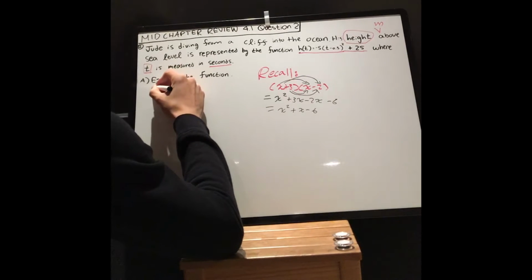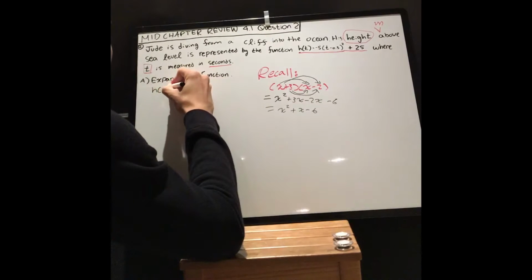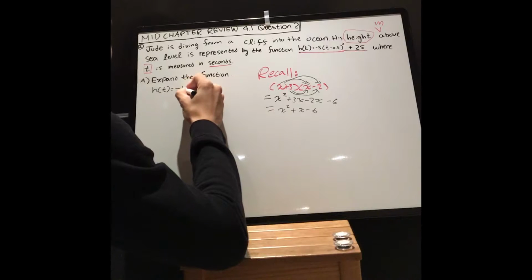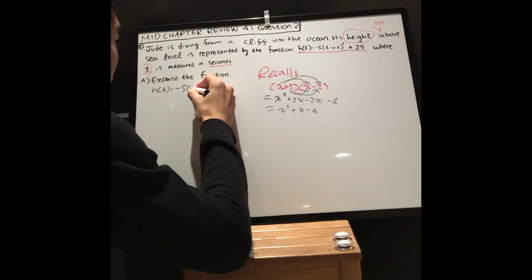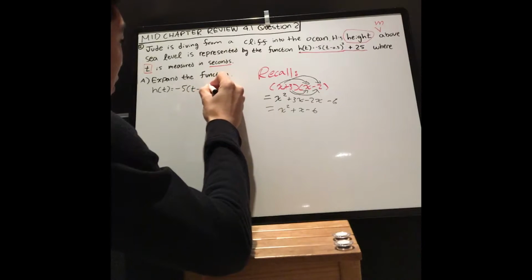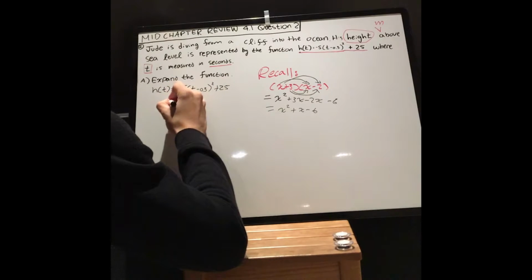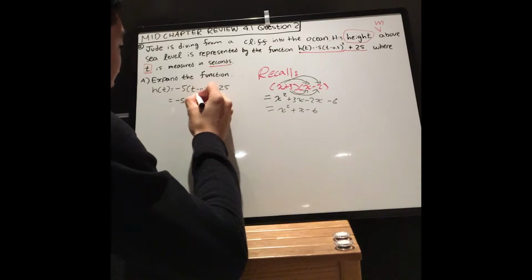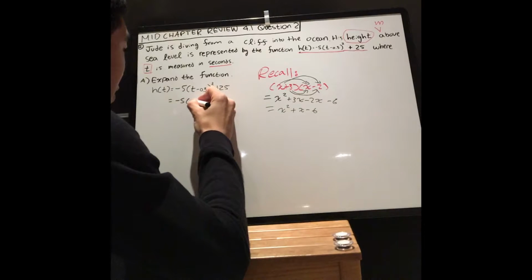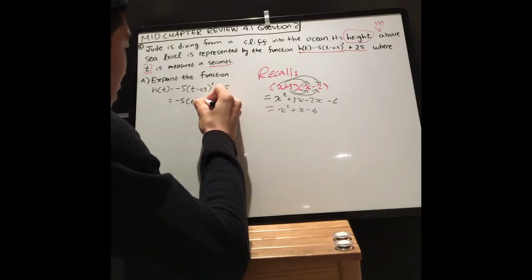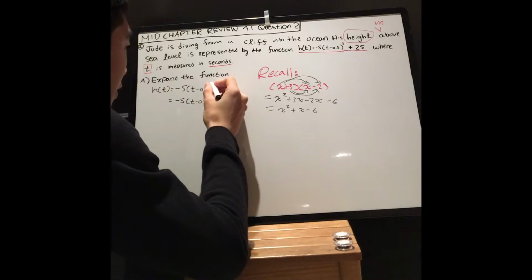The function, which is in vertex form, is h(t) = -5(t - 0.3)² + 25. You want to keep the -5 and first break the (t - 0.3) into two, since there's a square right there.